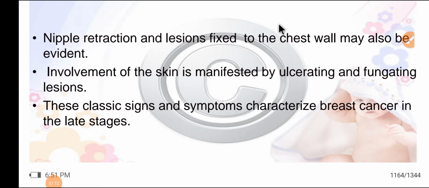Nipple retraction and lesions fixed to the chest wall may also be evident. Involvement of the skin is manifested by ulcerating and fungating lesions. These classic signs and symptoms characterize breast cancer in the late stages.